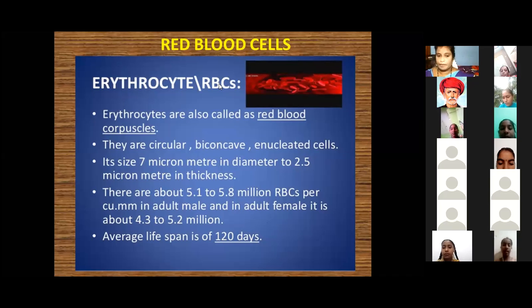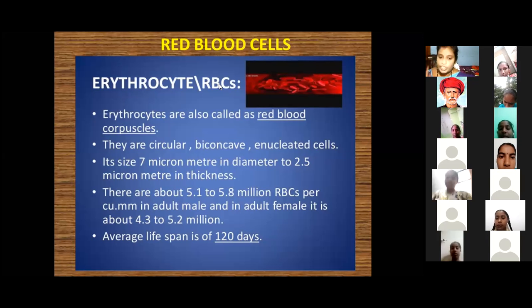Next, the red blood cells are about 5.1 to 5.8 million RBCs per cubic millimeter.